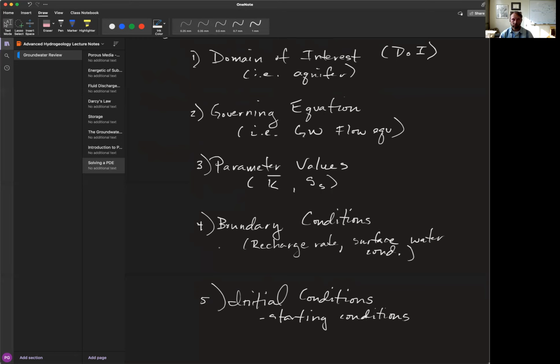Is it when that aquifer was first deposited and then fully saturated, or is it some head field that you interpolate and decide as the starting condition? Unknown. So initial conditions can be tricky, but they only make sense if we have a transient condition. For groundwater modeling, if our dh/dt doesn't equal 0, that means we've got a transient condition and we need to know what our starting condition is.